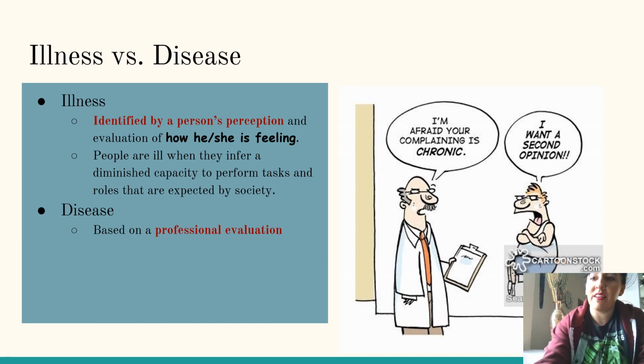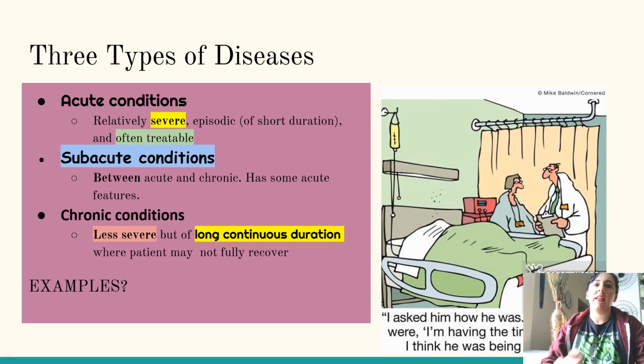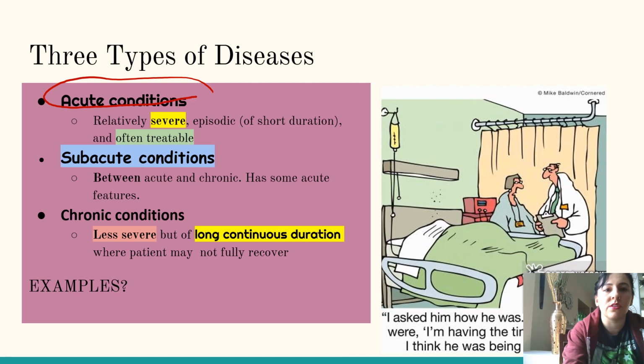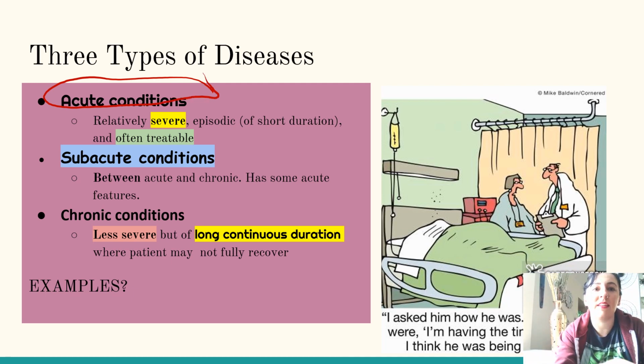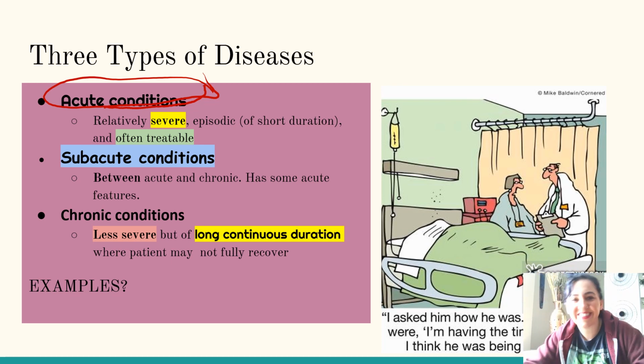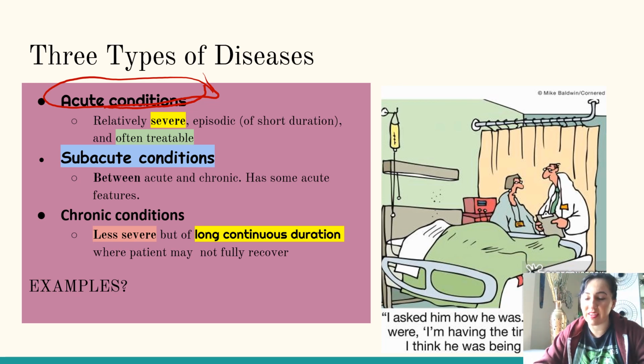Okay. So next we're going to look at the 3 different types of diseases. So we have acute conditions, subacute conditions, and then chronic conditions. Okay, so let's start with acute. And these conditions are not cute at all. Okay, these conditions are relatively severe.